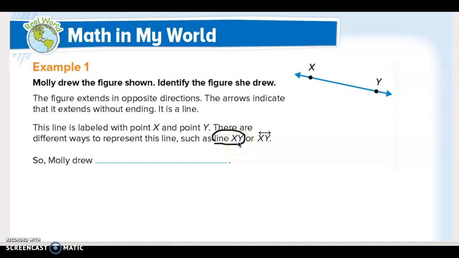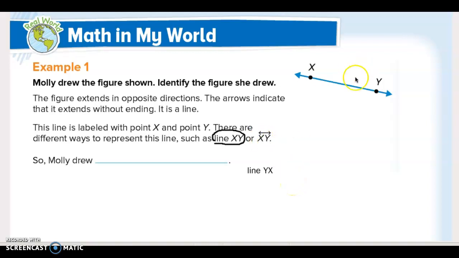Again, lines can be named in 2 different ways. So it would not be incorrect for me to call this line YX. This is also correct. I could also then put this line symbol with the arrows above it and switch my X and Y around and make it line YX.